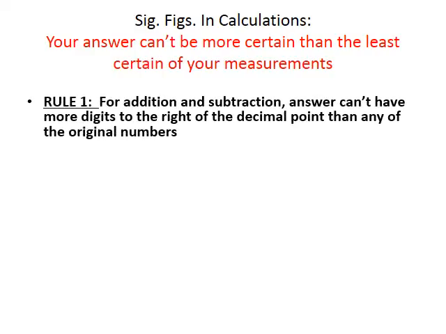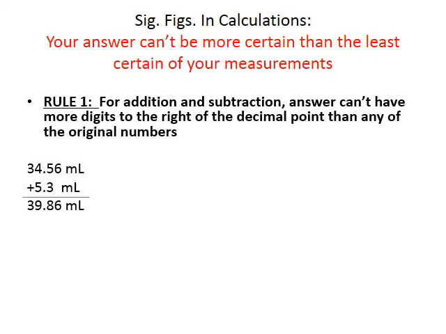Let's start with the rule for addition and subtraction. Your answer can't have more digits to the right of the decimal point than any of the original measurements. All right, let's look at an example. We want to add together 2 volumes, 34.56 milliliters and 5.3 milliliters. The sum of these 2 numbers is 39.86 milliliters.